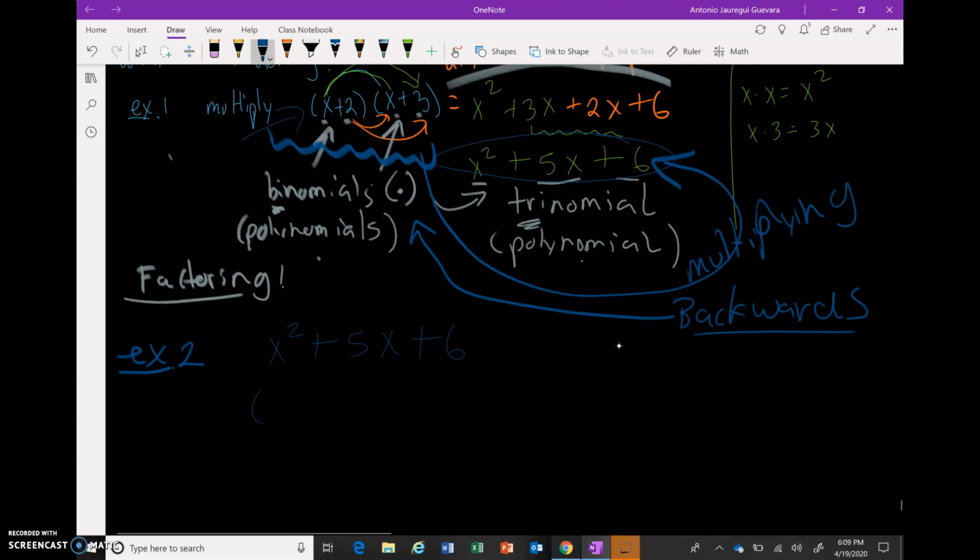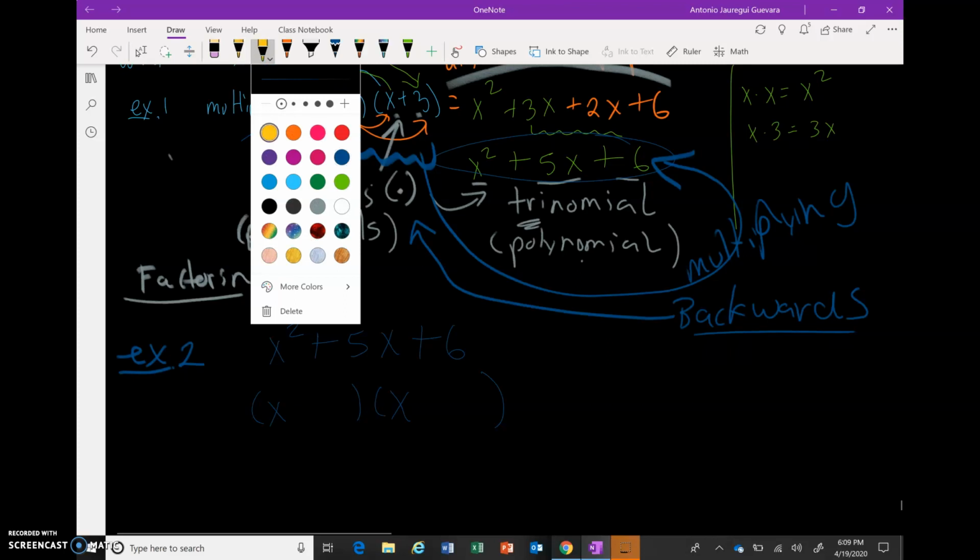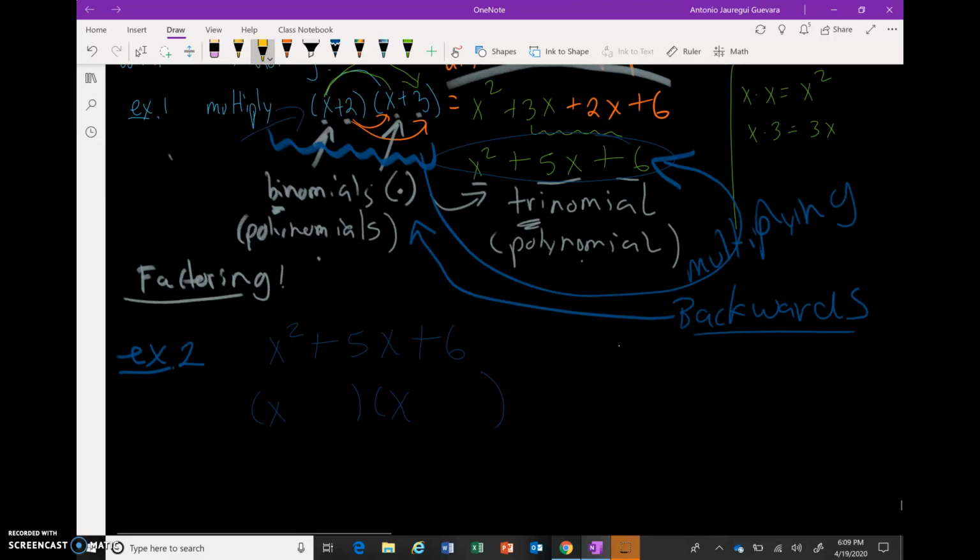We're going to do x times x, which is normally what we always do. Then we think of two numbers that when we multiply them together give us 6. Well, I know that's 2 times 3. And x times x gives me my x squared. I want these positives.